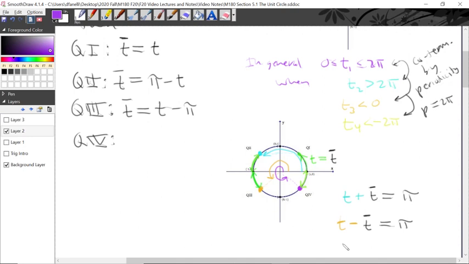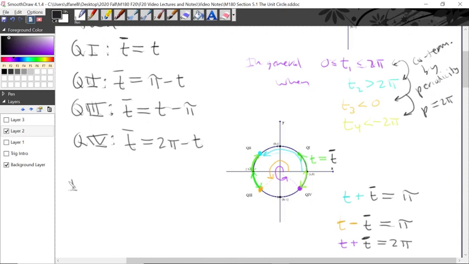Geometrically, we can see that if we take t, which puts us into quadrant 4, and we add the reference number to that value of t, we would have a full circle circumference, which is 2 pi. So in that case, t bar, the reference number, would equal 2 pi minus t.